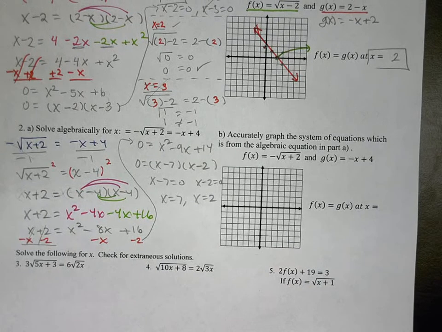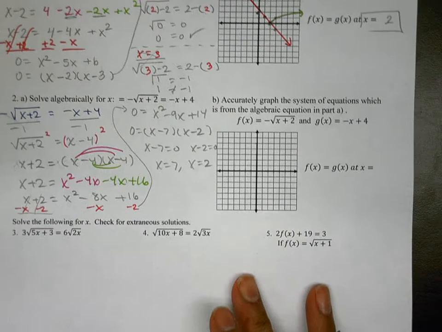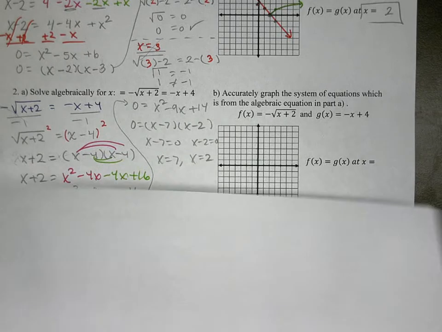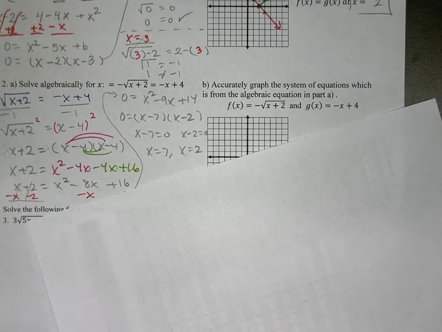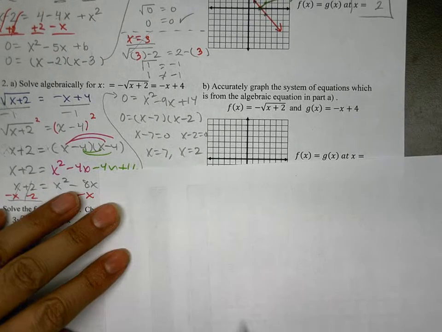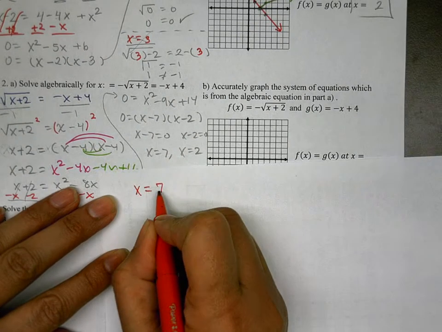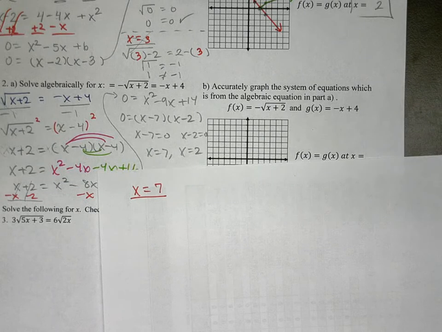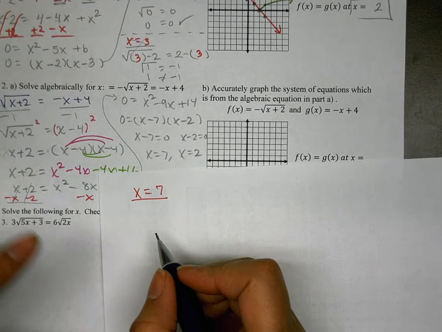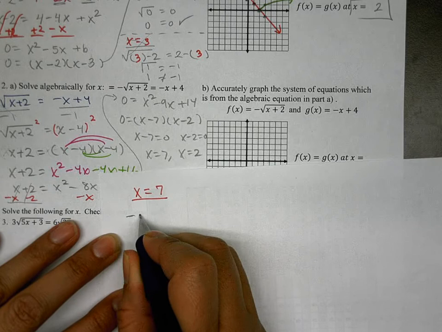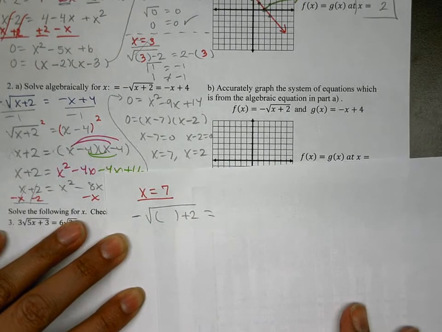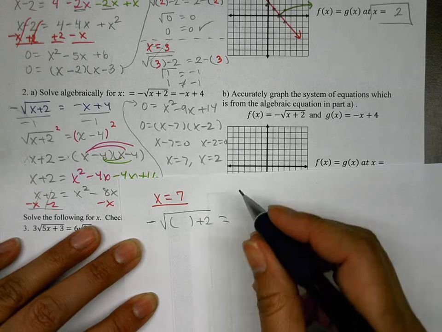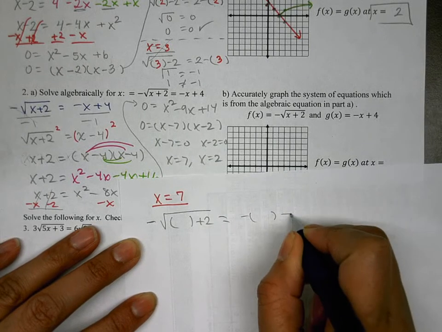And we do have to test. For me, I'm running out of room, so I'm going to do my check work on a separate piece of paper. You may have to do the same. Okay. I am going to first check, and it doesn't matter which one you check first. I'm going to first check the 7, and I plug it right in there, opposite of square root blank plus 2 equals opposite of blank plus 4.